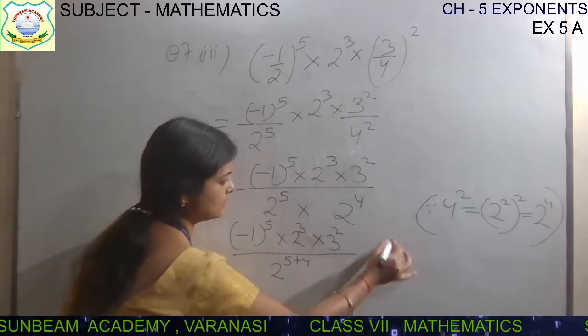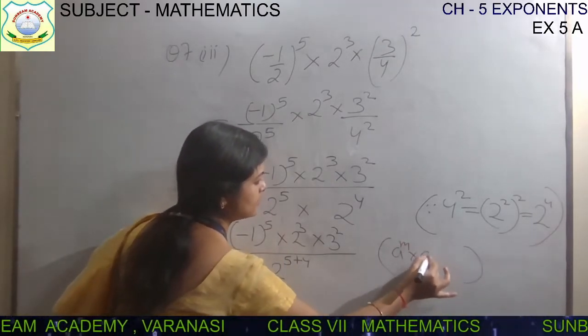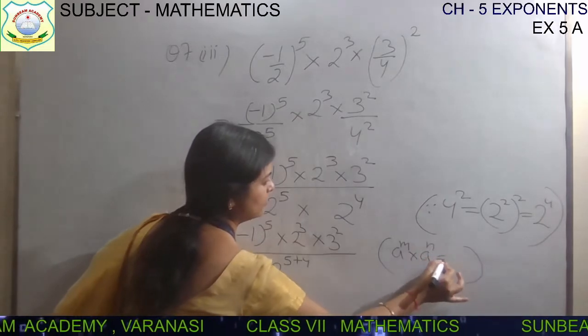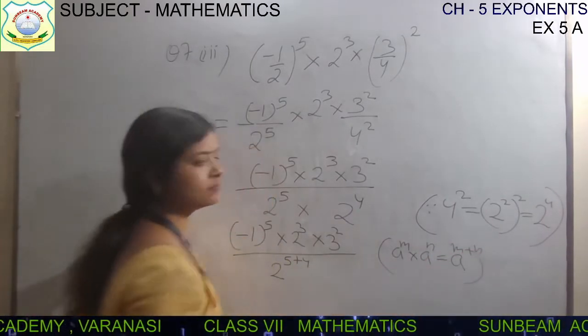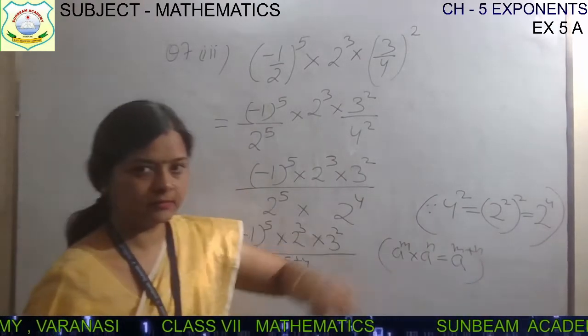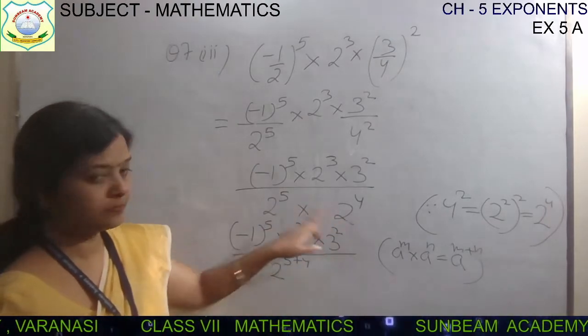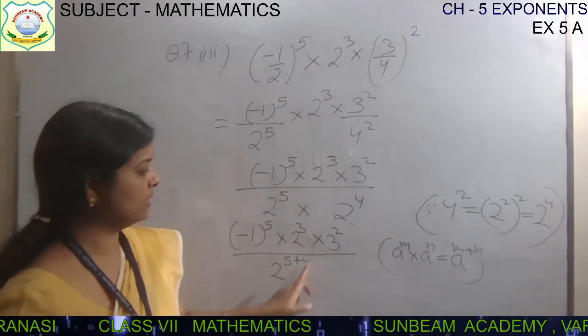And here write the reason. Reason is a to the power m, same base a to the power n, so base a to the power m plus n. Base is same, multiplication is happening, so the power will be added. 5 plus 4 is 9 now.